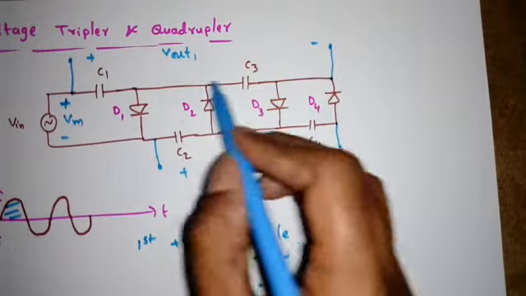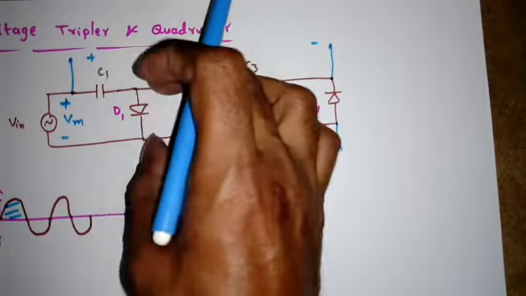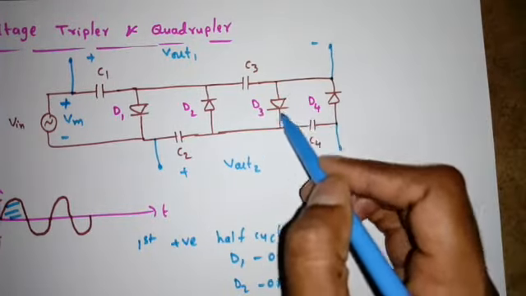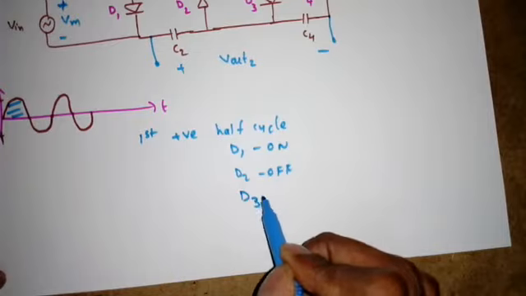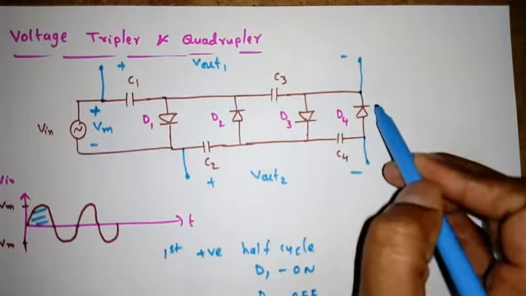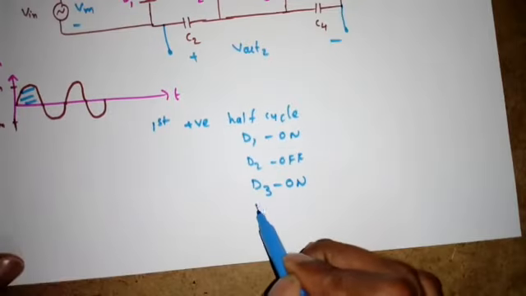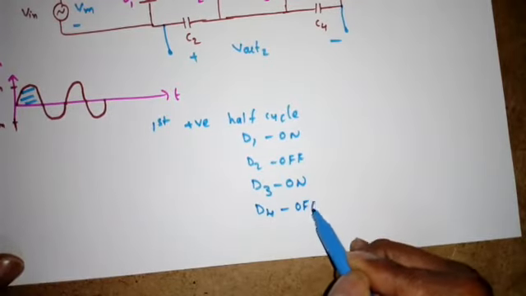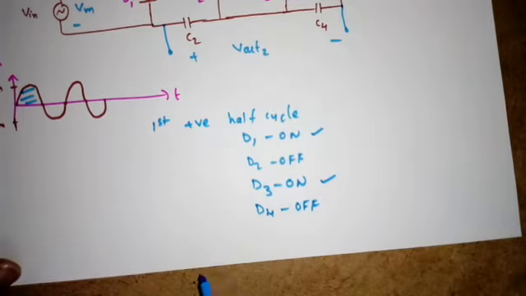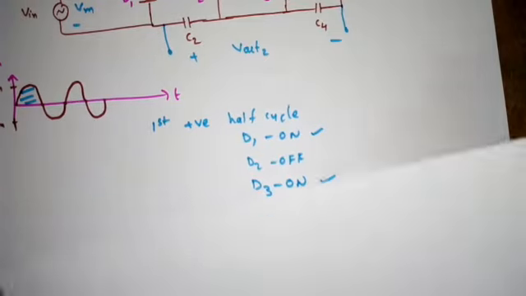Similarly, the capacitor is initially uncharged, so whatever we are applying here will be across here, across here, and so on. That means diode D3 will also be on because I am applying positive here, and diode D4 will be off. So D1 and D3 on, D2 and D4 off. Now the circuit will be like this.